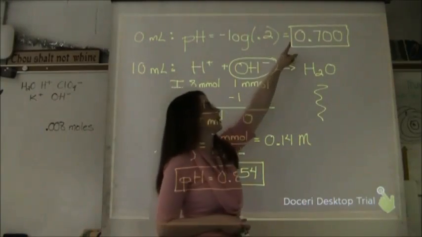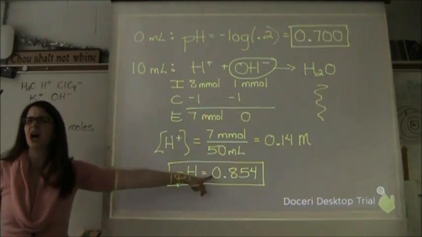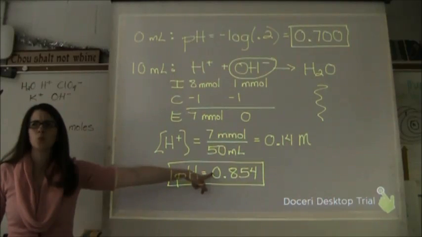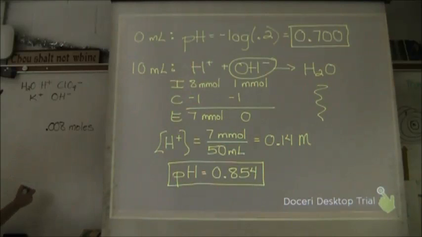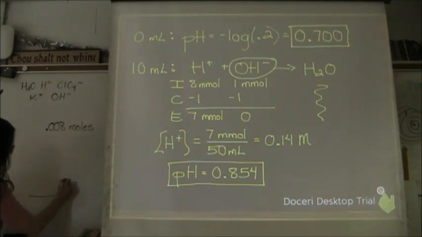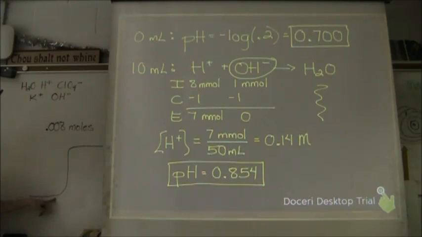Look at where we started. Look at where it is now. Why is it going up? We're adding base. It should be going up. Now, remember, we're in here, guys. Should it be going up by a lot? No, it's going to be creeping up.